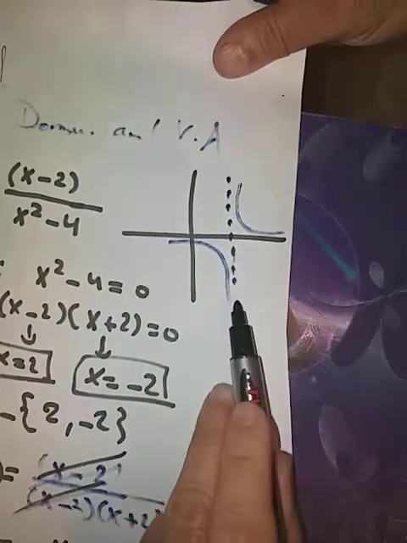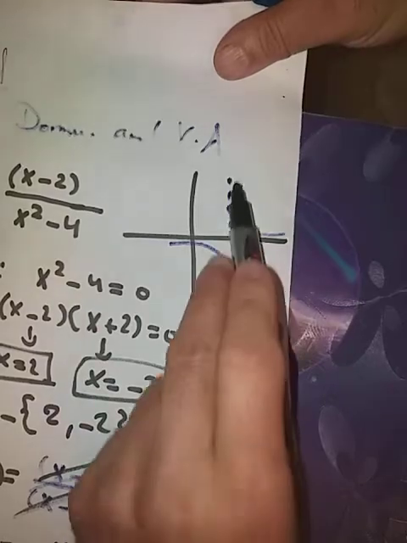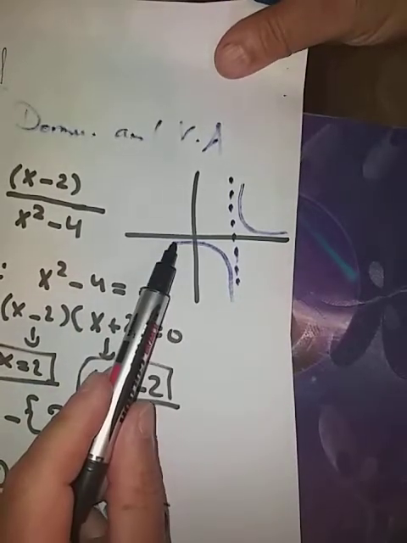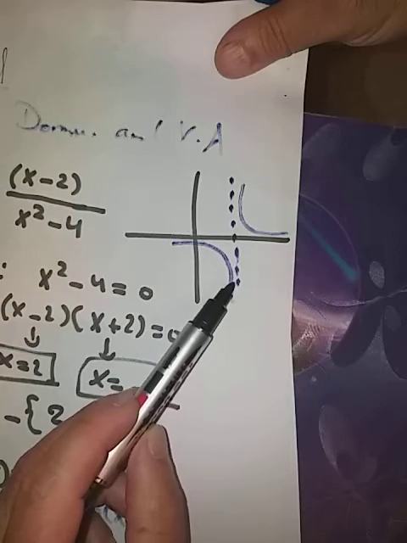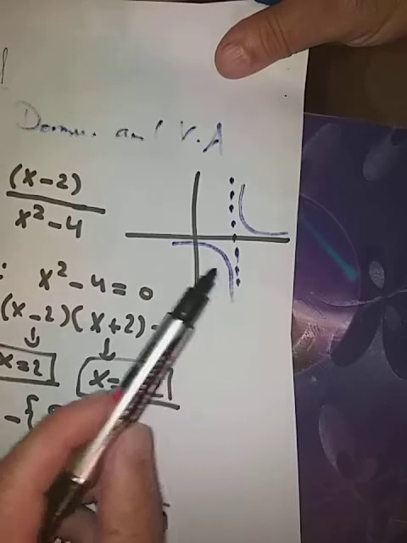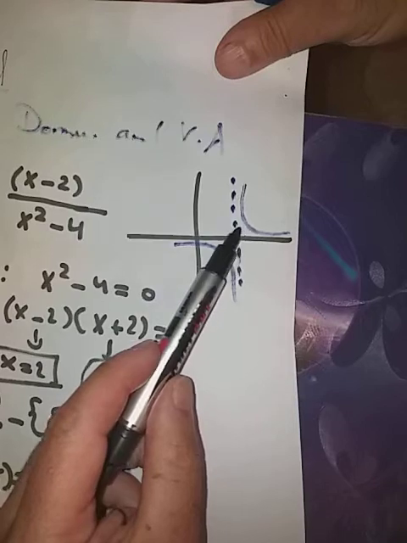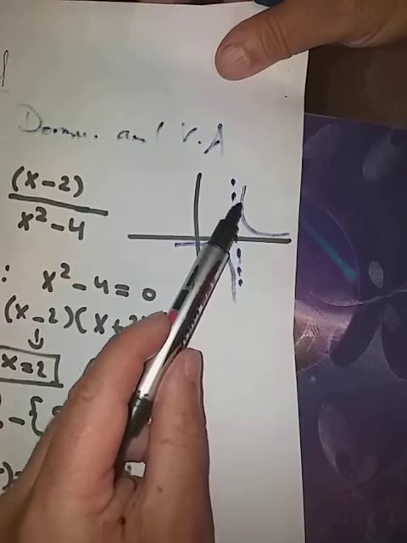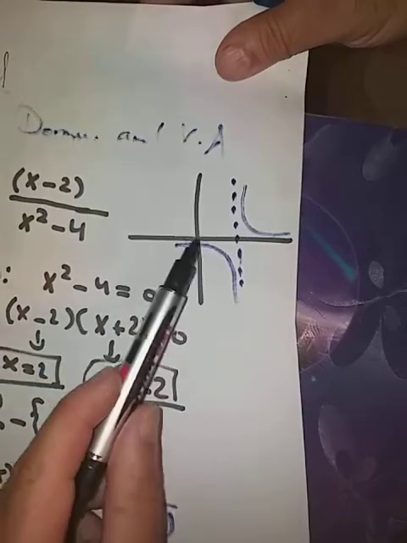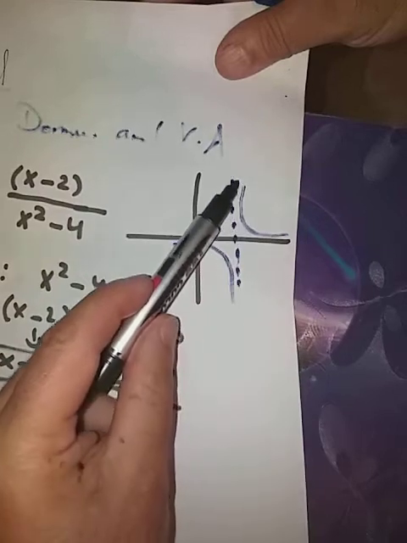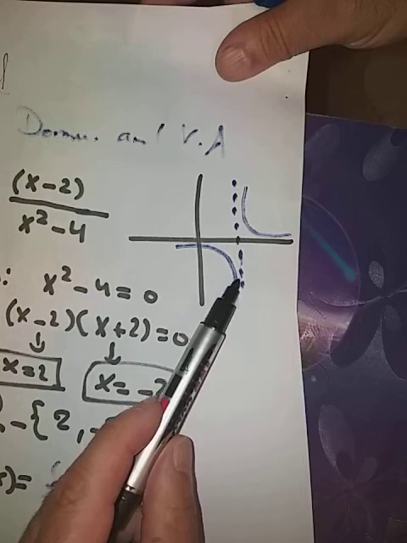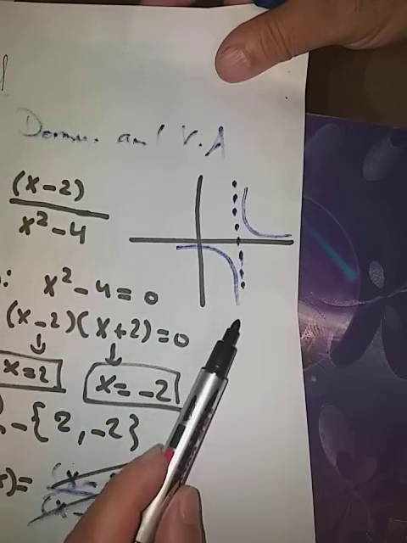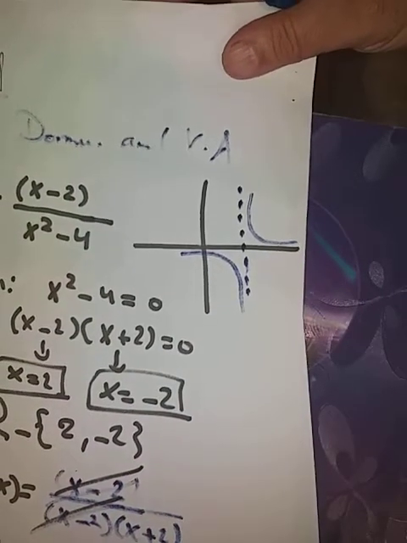The graph approaches the vertical asymptote line without touching, from the left and from the right. It gets very close to the vertical line without touching. Okay, this is a vertical asymptote.